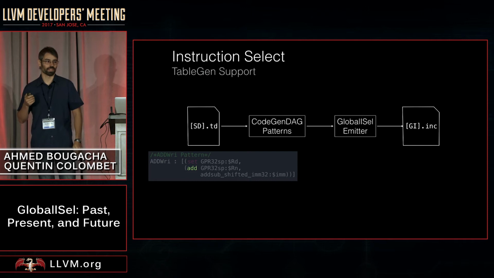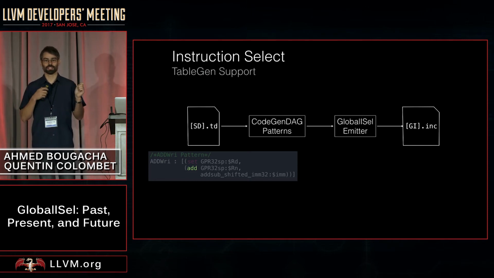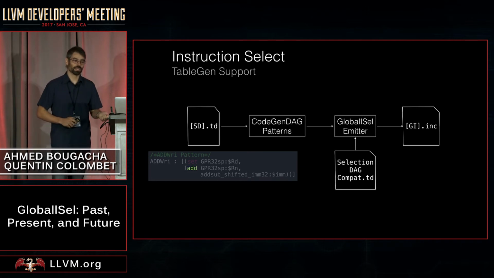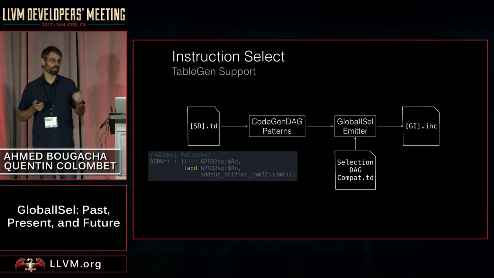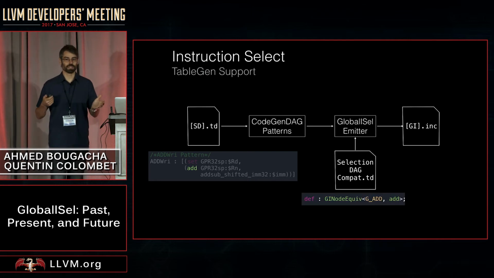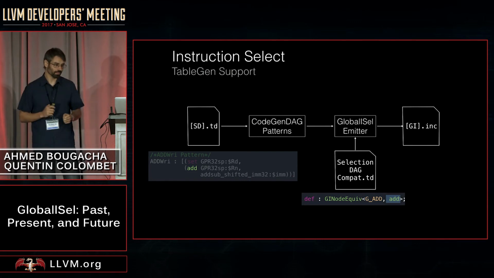It's not a generic machine instruction. So you need a way to map this SelectionDAG node to some generic code. And we do that with what we call the SelectionDAG compatibility layer. It's all in this SelectionDAGCompat.td file. And you will find these definitions about GINodeEquiv, where you say that this add is equivalent to this G_ADD. And that's how you tie things together.